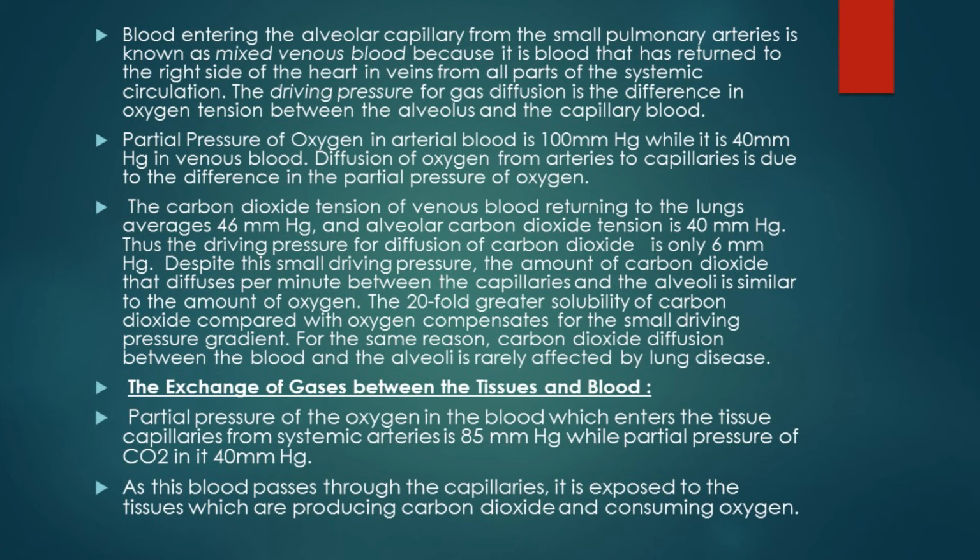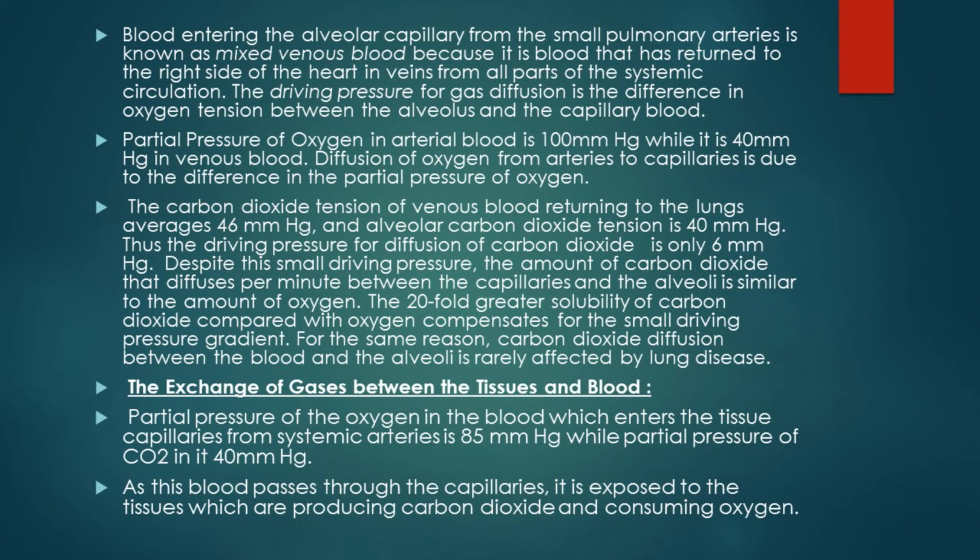As I have told, alveolar carbon dioxide tension is 40 millimeters of mercury, and when this blood passes through the tissues of the body, which are continuously producing carbon dioxide, a concentration gradient will be maintained between the blood and the tissues of the body.